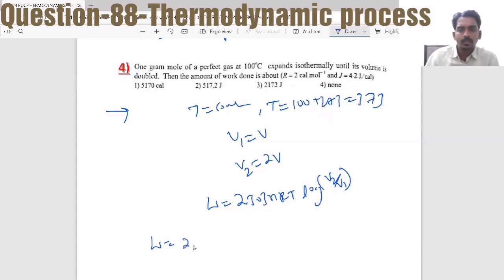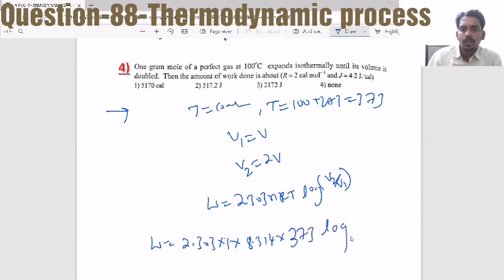Here all the values they have given. See, 2.303, number of moles is 1 gram mole, and capital R is 2 calorie per mole, nothing but 8.314 joule per mole. The temperature is 373.